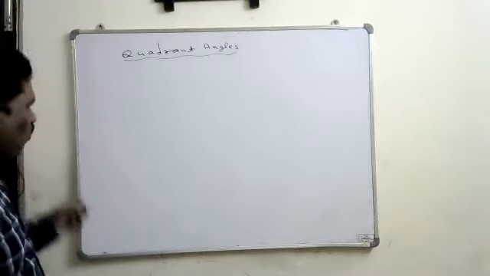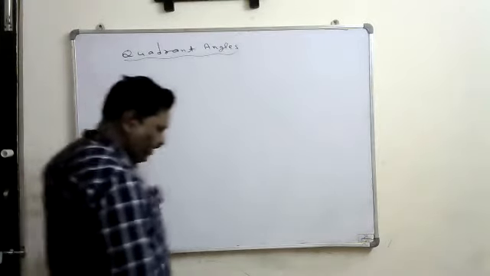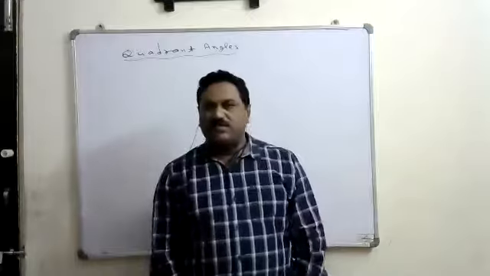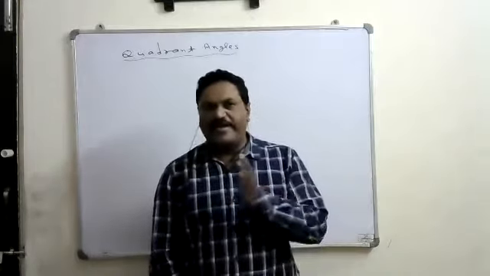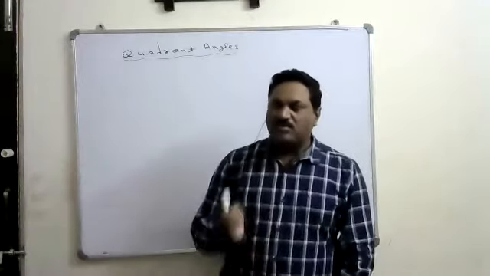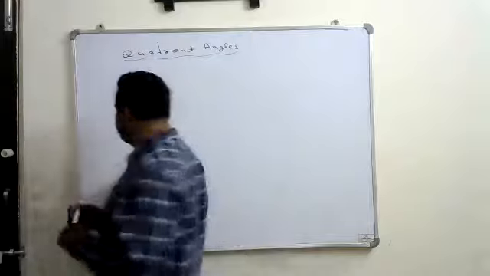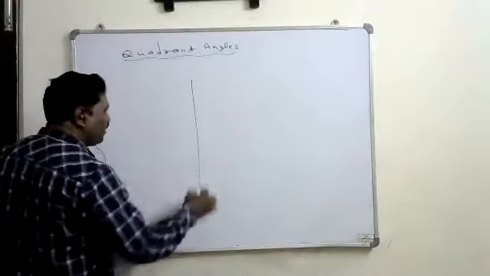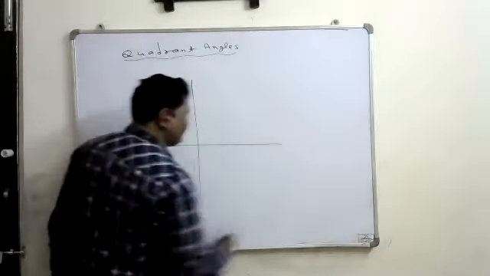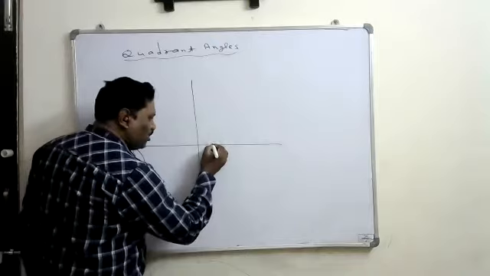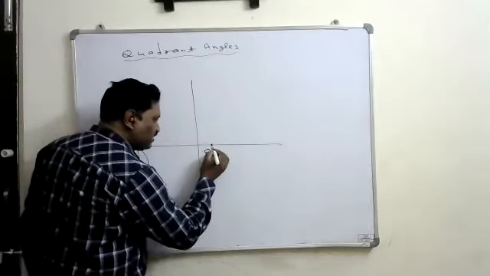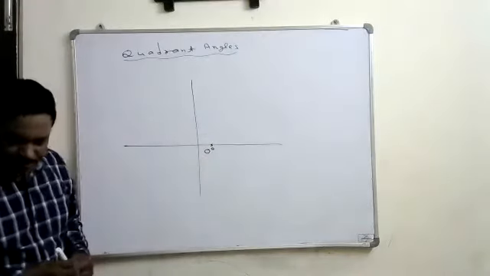What is meant by a quadrant angle? The angles which lie on the coordinate axis are called quadrant angles. Just observe this. If I take the coordinate axis, the angle starts to be measured from the positive x-axis, and the starting angle is just 0 degree.